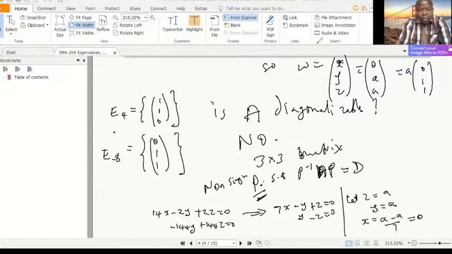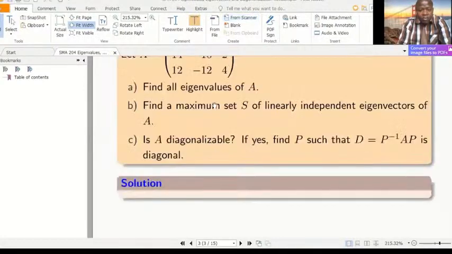Now let's look at whether we answered the question exhaustively. Oh, this part we've not done. We only got the eigenvectors, and we did not write the set. So the set has to be the set of the vectors. The first eigenvector was what?